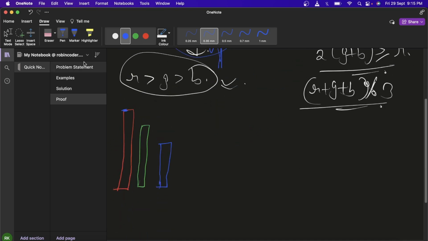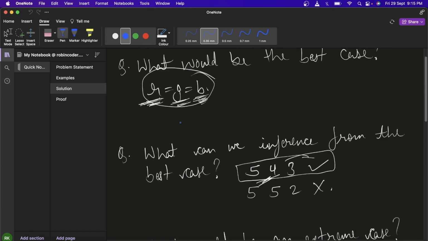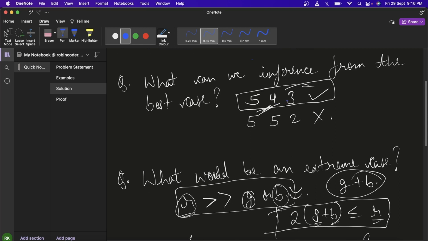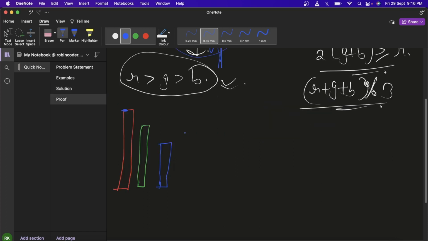So I made an inference in the questions: if the difference between the balloons is minimal, then that would be a far better case than the other one. So we can use this thing to create an algorithm.